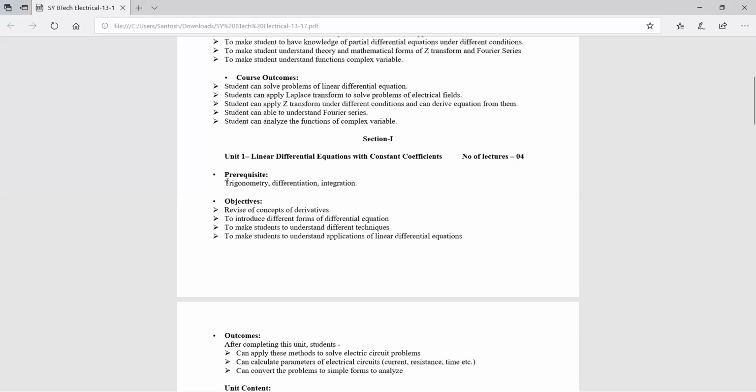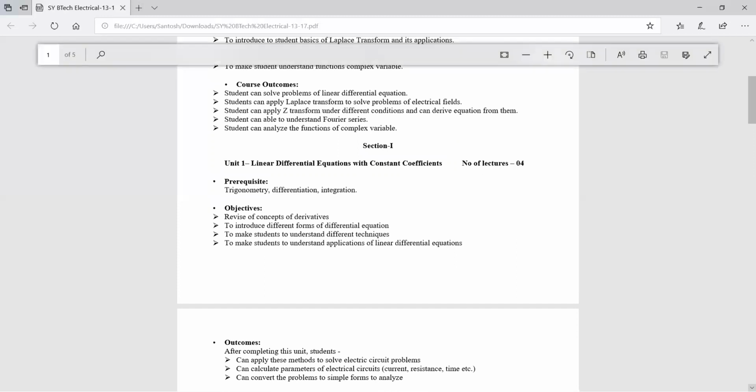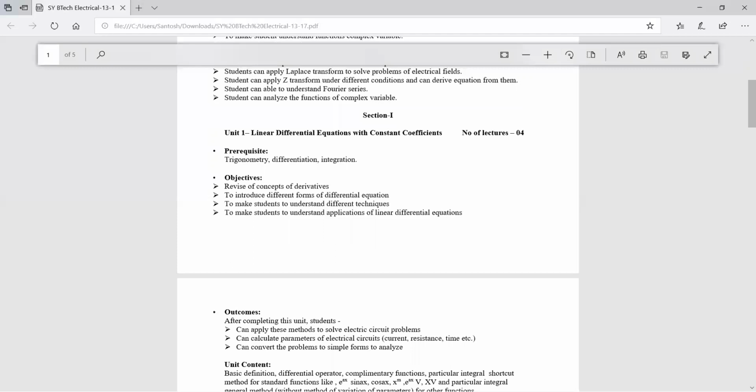Here, these are the prerequisites: we should have some knowledge of trigonometry, differentiation, and integration. These are the objectives of this chapter, this unit, linear differential equations with constant coefficients, and these are the outcomes of the first topic.